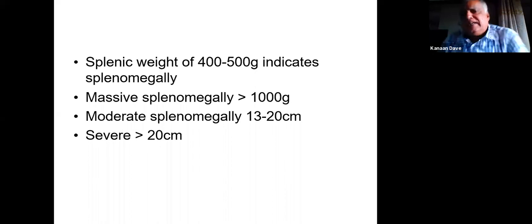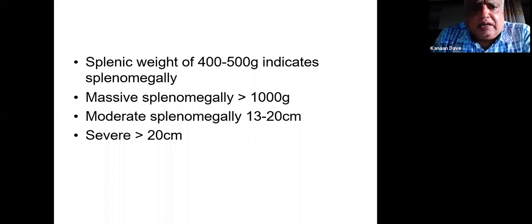When the spleen enlarges, its weight is more than 500 grams. In massive splenomegaly, it's more than 1 kilo. In terms of size, determined by ultrasound or CT scan, if the spleen length is from 13 to 20 centimeters, it's moderate splenomegaly. When it's more than 20 centimeters, it's severe.